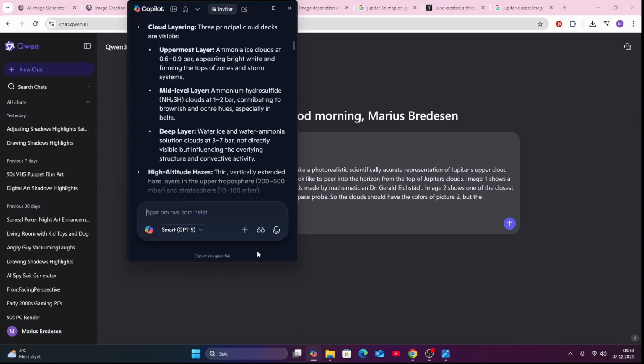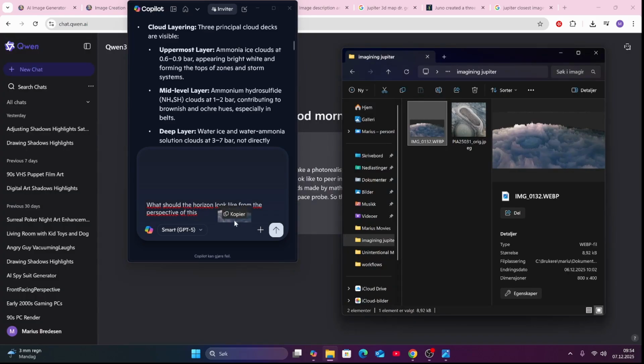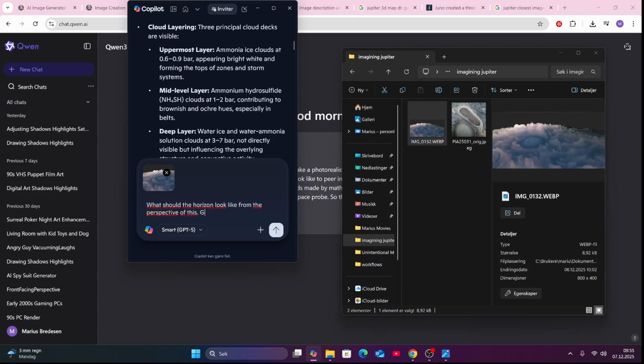Anyway, what I thought is, since it has done a lot of research, what should the horizon look like from the perspective of this? I don't know, man. Guessing we don't have blue skies like here on Earth.